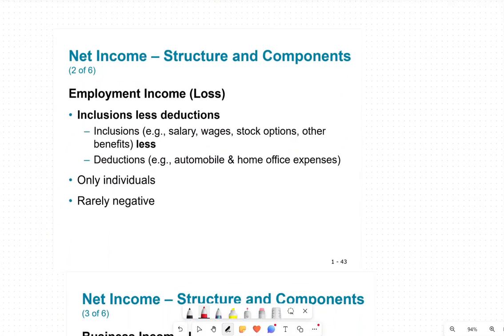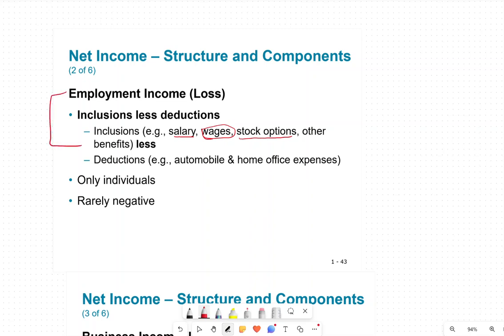That's what it means. Now, what is included in my employment income? You work for a salary, you earn hourly wages, you have stock options or any other benefits that your employer gave you. That is called income, so we call it employment income.